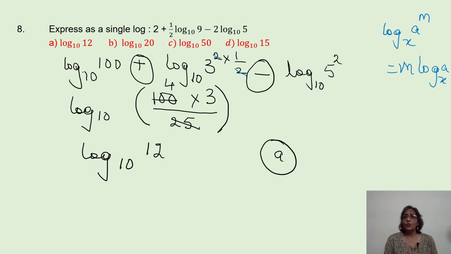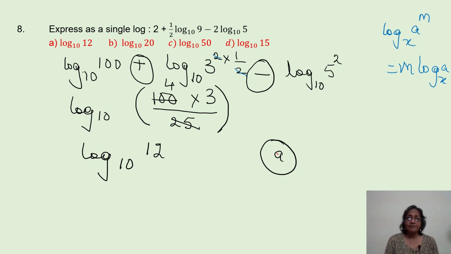So sometimes when you are using the properties, like the ones over here, what I have written here, log A raised to m to the base x, we are using it in the reverse way. We have to do this sometimes. Use it in the reverse way, like what we are using the quotient and the product laws.